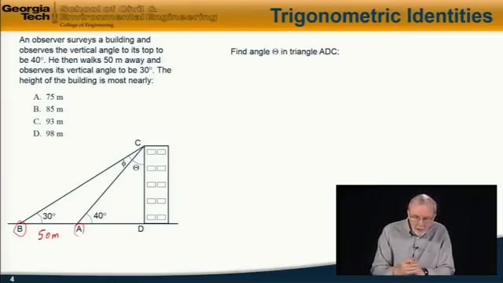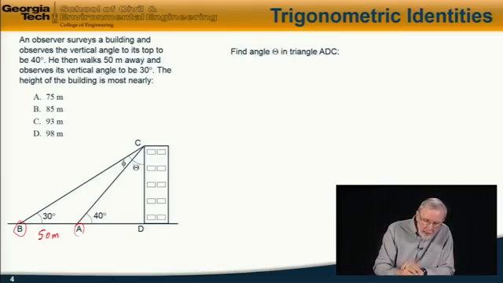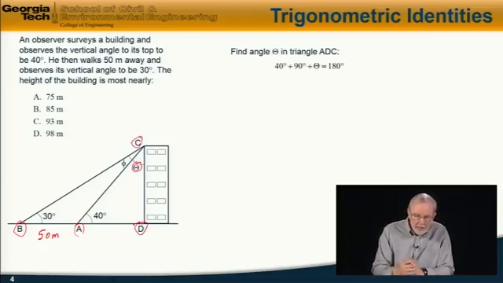So the steps involved here, first we want to find this angle theta by looking at the triangle ADC, the right angle triangle. So the sum of the angles in that triangle is 180 degrees. So 40 degrees plus 90 degrees plus theta is 180. Therefore, theta is 50 degrees.